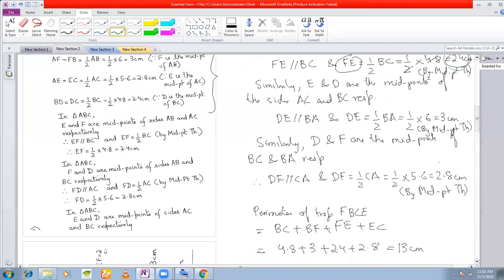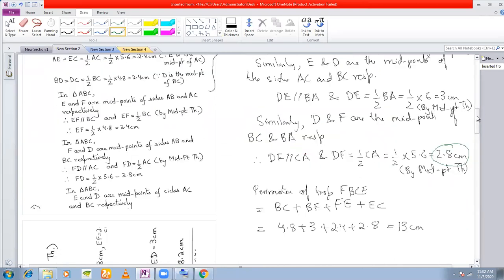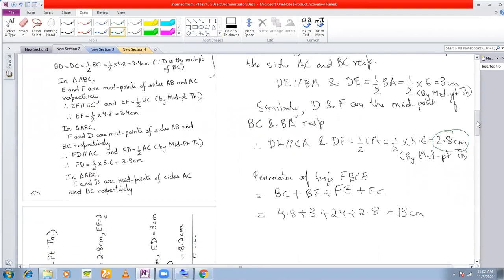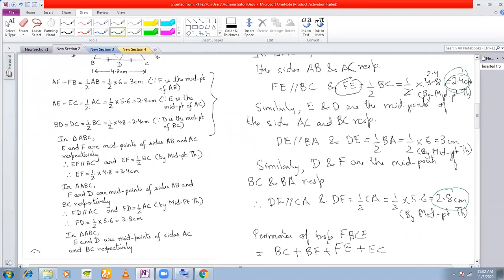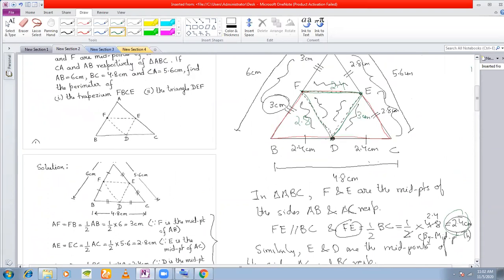DF we have calculated to be 2.8. And DE we have calculated to be 3 centimeters. So now you can find out the perimeter of this triangle. Add up the lengths. You'll get the perimeter. Okay, so we move on to the next one.